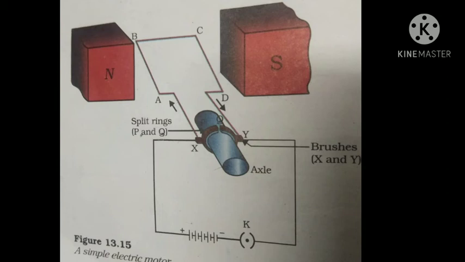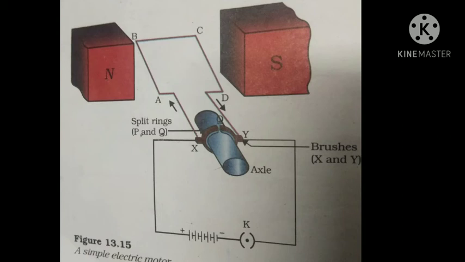The inner sides of these halves are insulated and attached to an axle. The external conducting edges of P and Q touch conducting stationary brushes X and Y respectively, as shown in the figure. Current in the coil ABCD enters from the source battery through the conducting brush X and flows back to the battery through the brush Y.